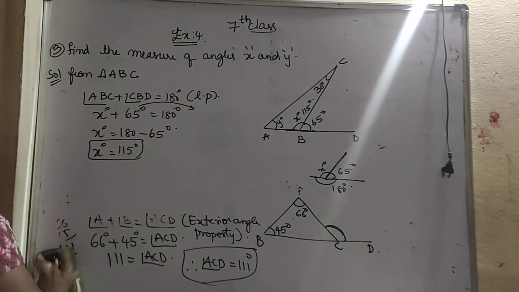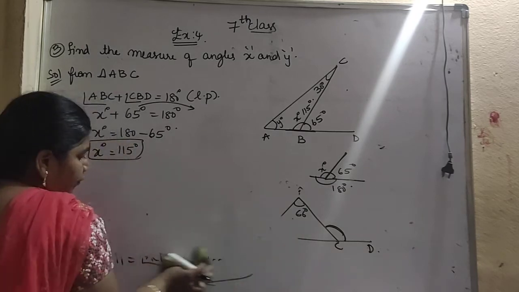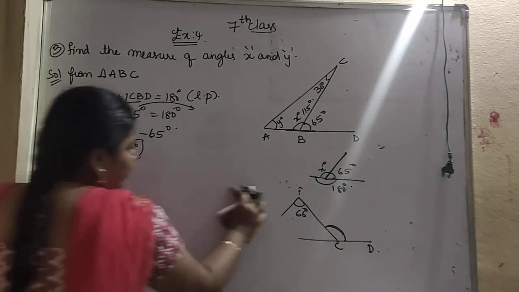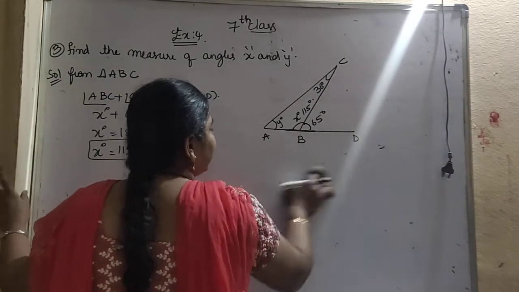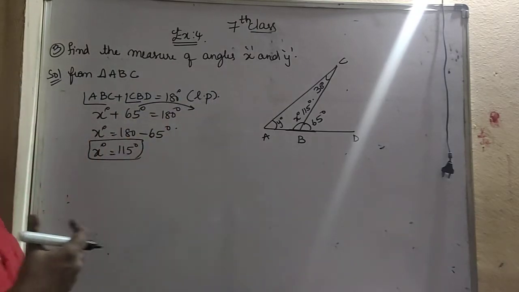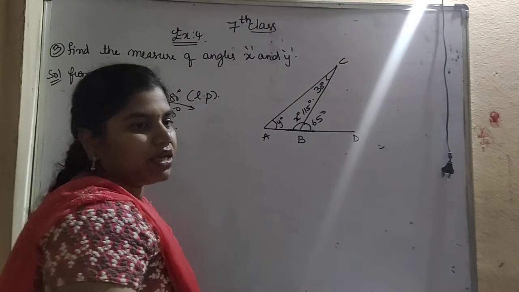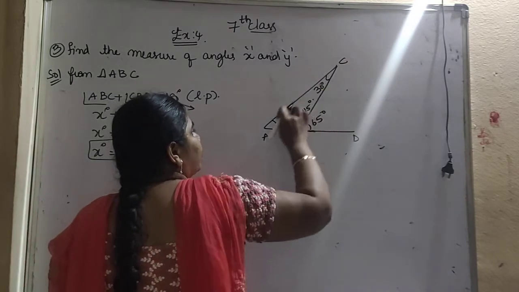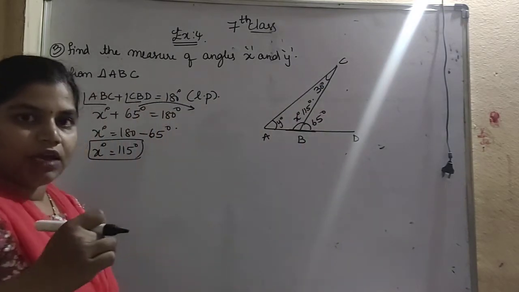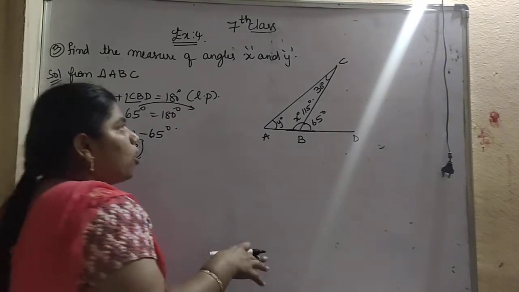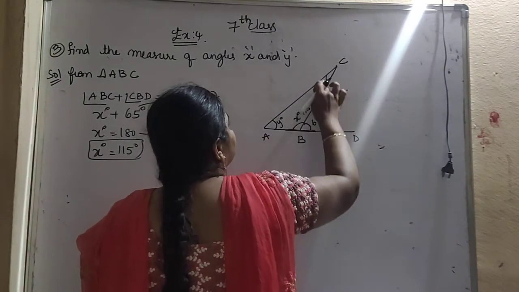So how to find this y angle? We can use two different properties. Any one you can use. You can use exterior angle property, or by using angle sum property also. Exterior angle property is nothing but these two angles, if you add, that should be equal to 65. Or the sum of three angles is equal to 180.